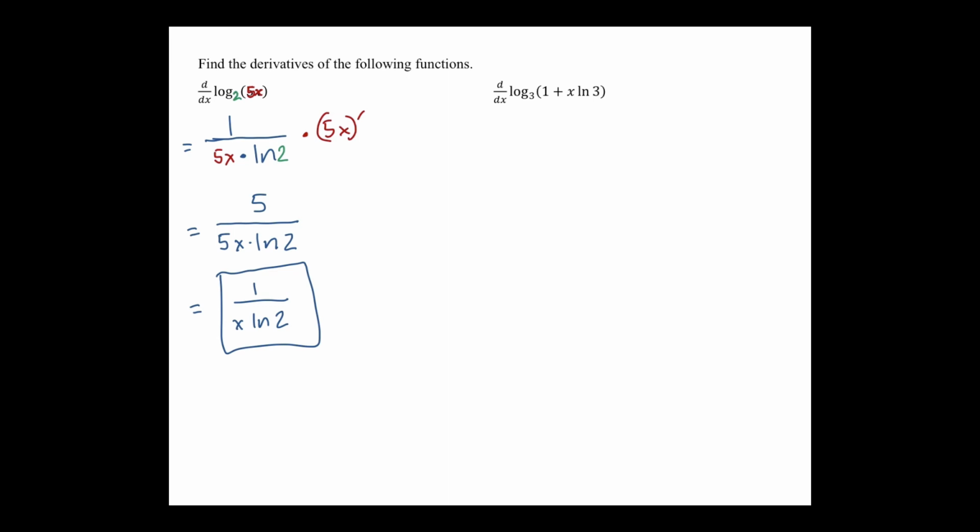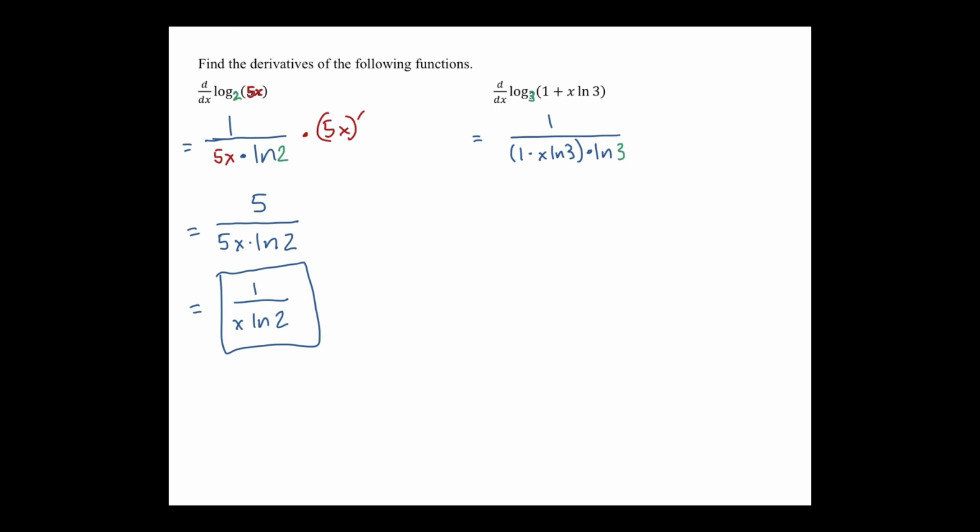So to take the derivative here, note the base. It's all about that base. It's going to be 3. So we have the derivative is 1 over the inner function, which is 1 plus x ln of 3, times ln of the base. The ln of the base is, well, 3 in this case.